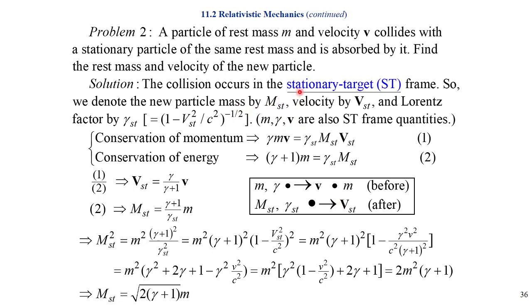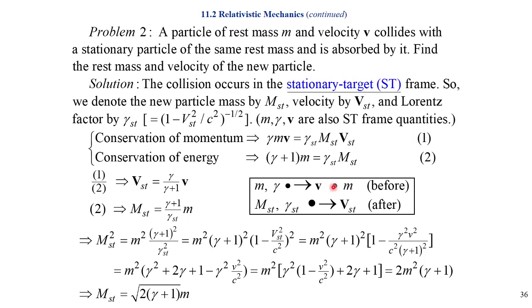St means stationary target frame. A particle of rest mass m and velocity v collides with a stationary particle of the same rest mass and is absorbed by it, becoming one. Find the rest mass and velocity of the new particle. The collision occurs in a stationary target frame.